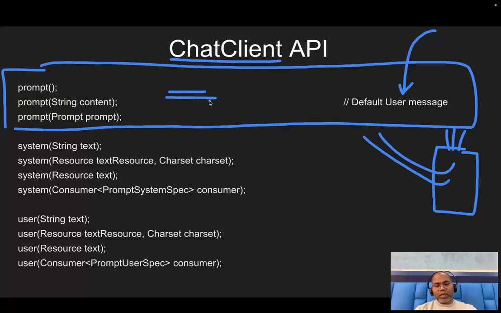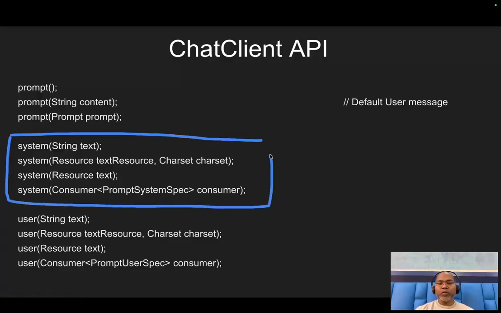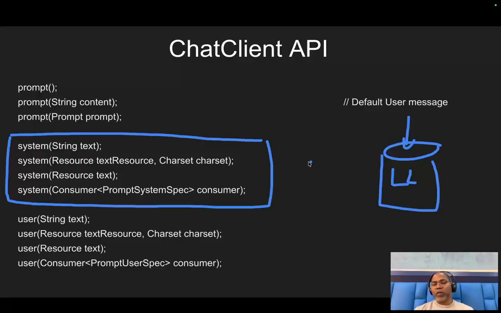But sometimes you want your application's behavior and response to be according to your domain, according to your area of expertise. Then you have options. You can set your roles: hey LLM, this is your role. You consider yourself a technology expert and reply to technology questions, or you are the finance expert, or a weather related expert, and you can respond accordingly.